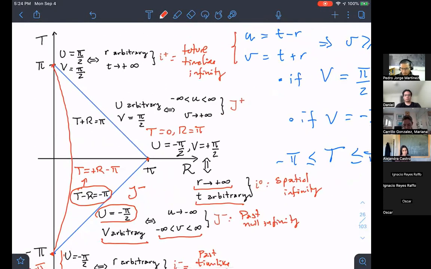And then we have the other line, which is where each point is a sphere. And this is a line equation with a negative slope. Okay. And this is what we call, sorry, future null infinity.